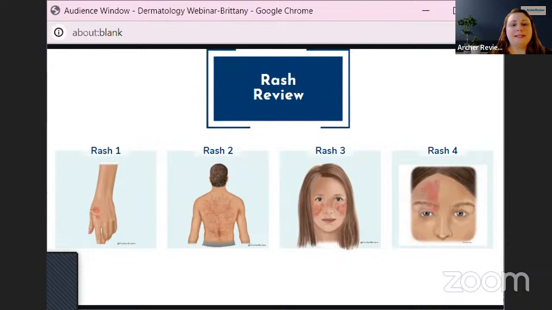Okay, so who can tell me about some of these benign skin conditions? Anybody have any guesses on melasma? What would cause these brown and gray patches? Does anybody have any ideas?